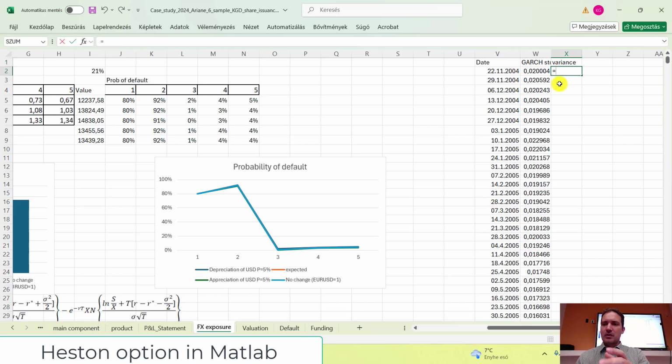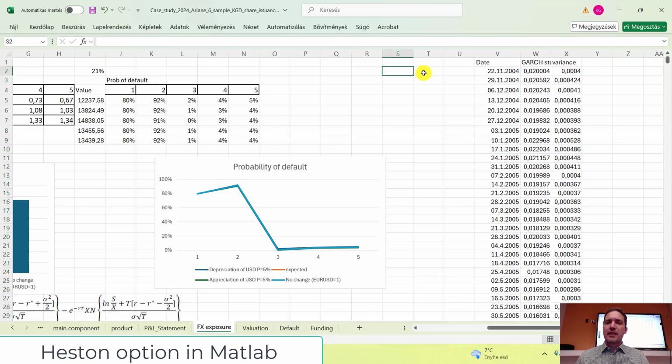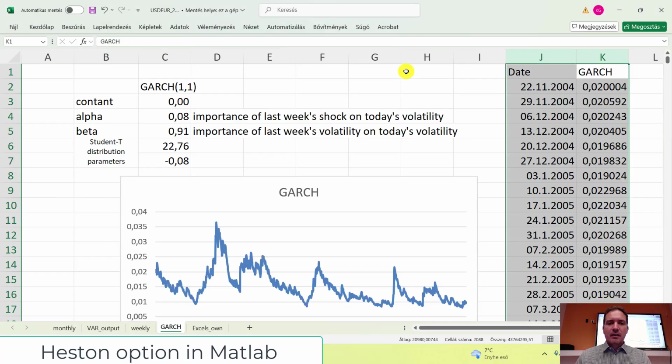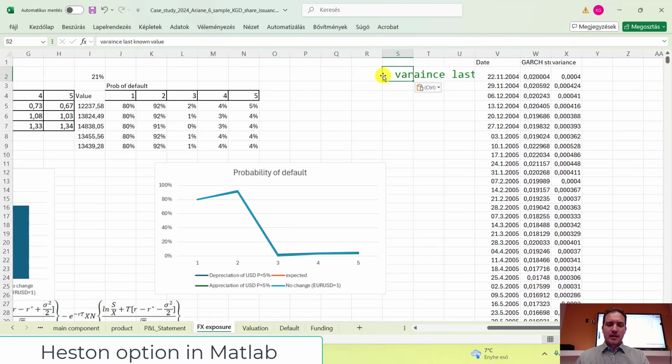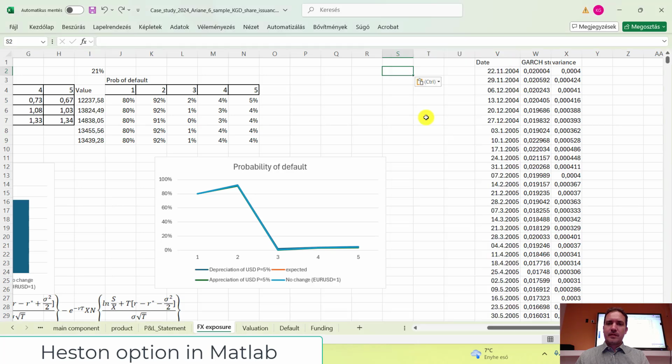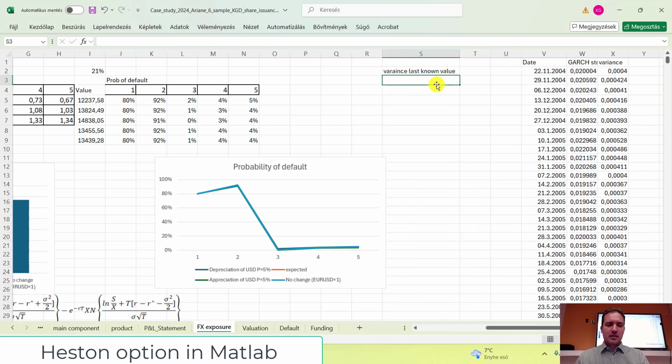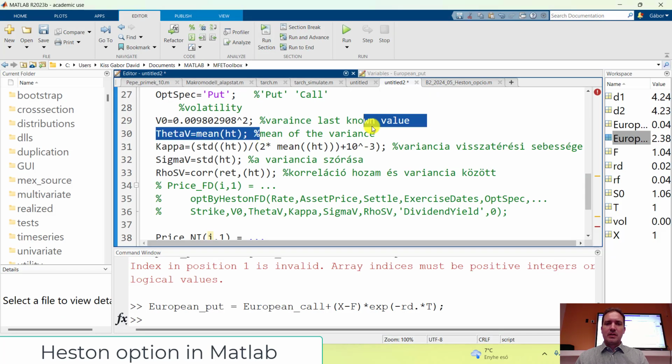So I don't want to calculate again and again the square of these numbers, so it's much better if we are just creating a second column for that. And then what we needed here was, okay, variance less known value. Oops. Okay, the other thing will be the mean of variance.